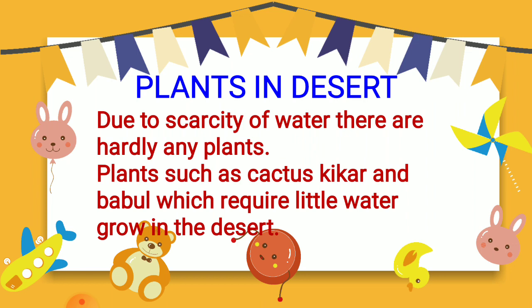The plants which grow there are especially thorny bushes, like cactus, kikar and babool. These plants do not need much water to grow. They can survive with a little or sometimes with no water. That is why these plants grow in desert areas.